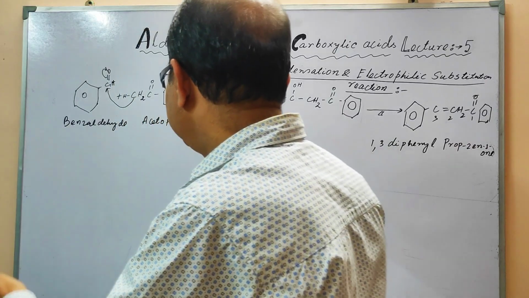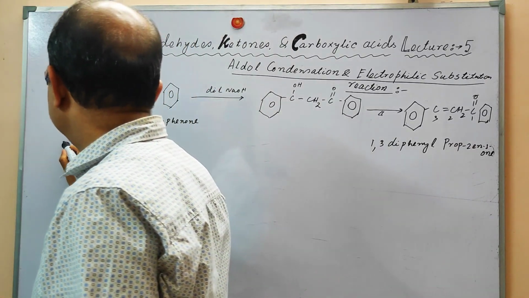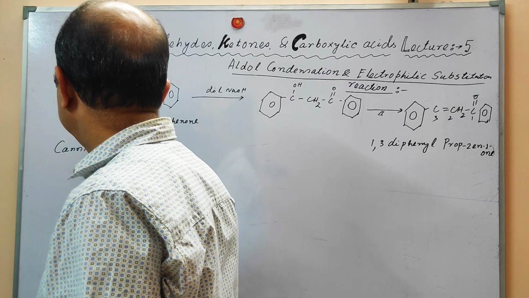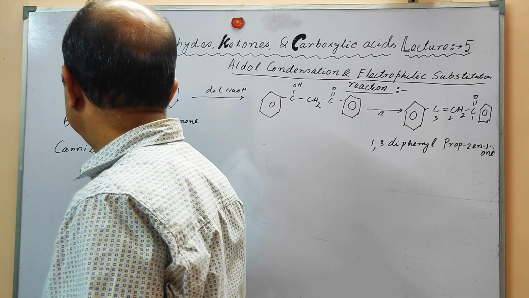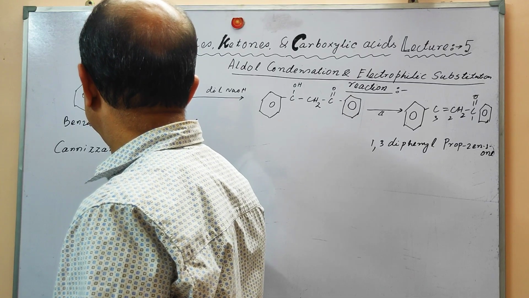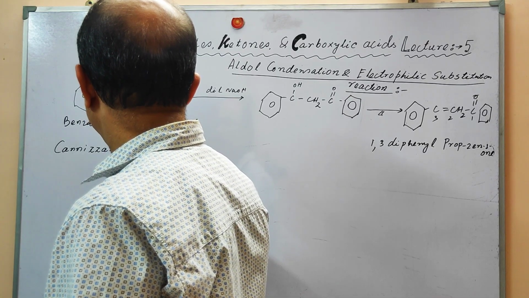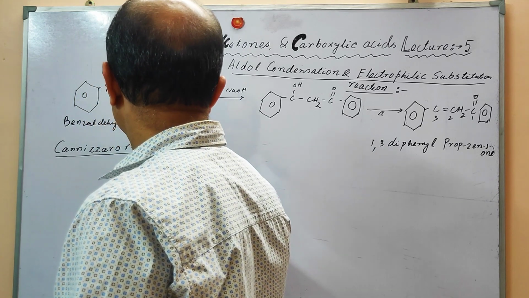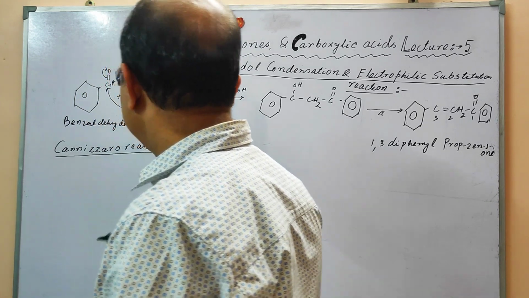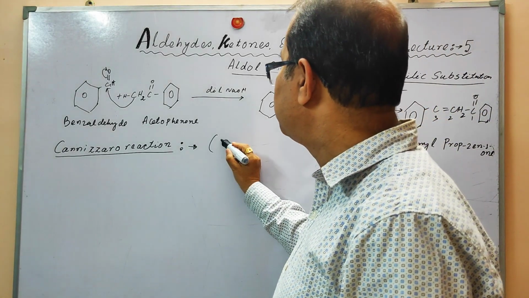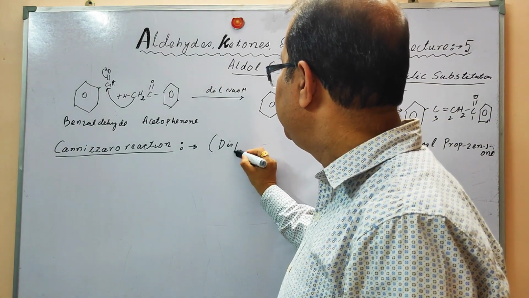So let us understand this. There is the Cannizzaro reaction. This is basically called the disproportionation reaction.